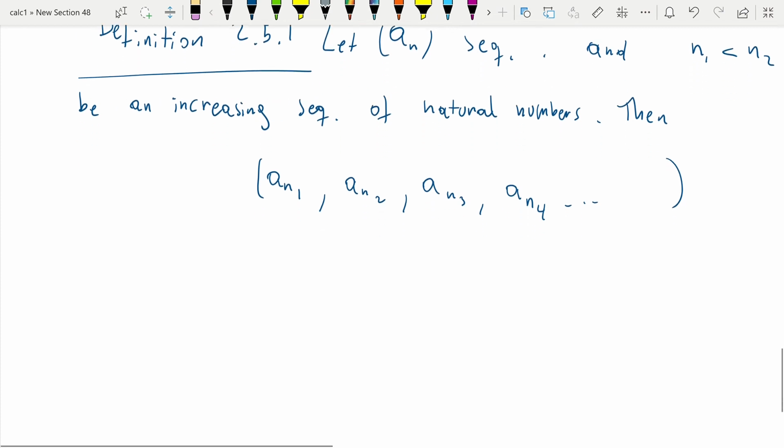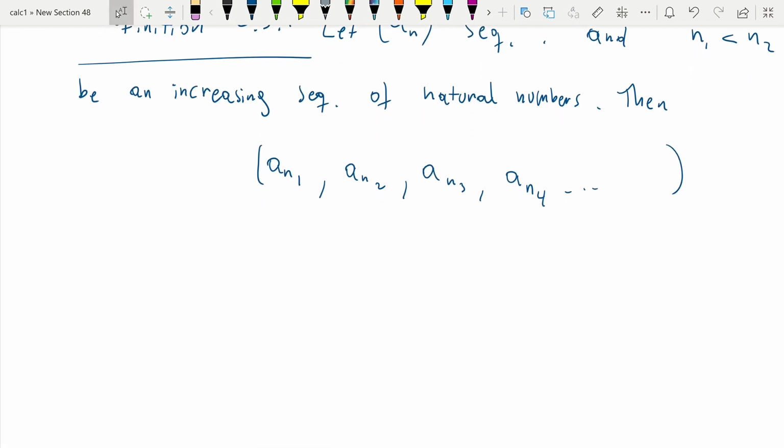In the book, they give you some examples of subsequences, just to help you understand what we mean by subsequences and how they play a role when we're analyzing the convergence of a given sequence.